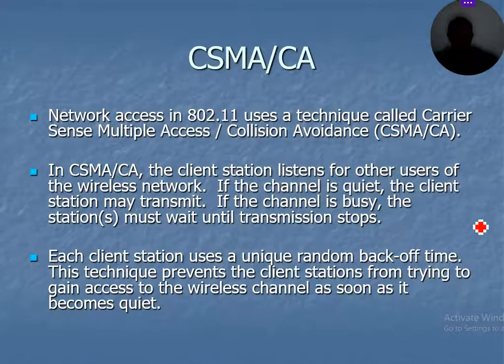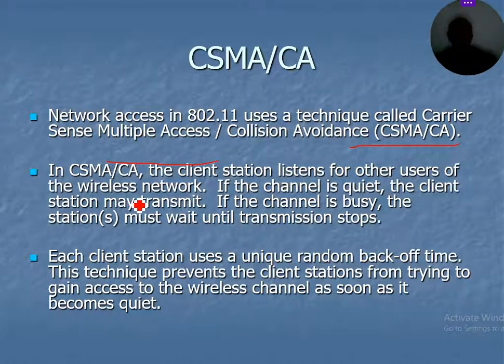Now let's take a look at network access in all the 802.11 family. They use a technique called carrier sense multiple access, CSMA, or what you can also call collision avoidance, so that there will be no collision between the data being transmitted within the IEEE 802.11 family.